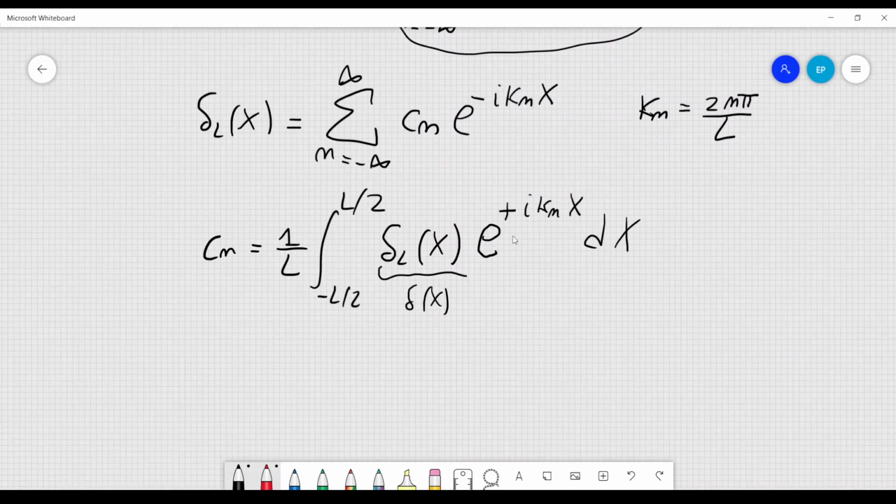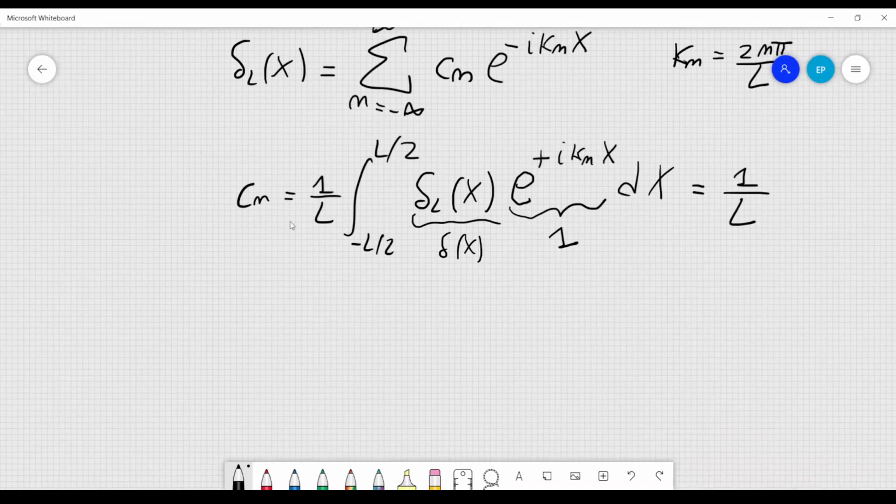And when I multiply this complex exponential by the Dirac delta, I can evaluate this complex exponential at x equal to 0, and therefore the complex exponential is equal to 1. And when I integrate the Dirac delta from minus L over 2 to L over 2, I will get 1, because the area under the Dirac delta is 1. So the result of this calculation yields 1 over L.